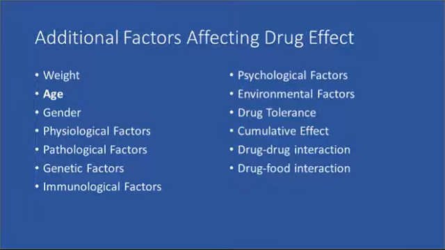Physiological factors such as their protein levels, their absorption, like what their gut, do they have dumping syndrome? Have they had surgery where they've had part of their stomach removed? That's going to affect absorption through the gut. Pathological factors, genetic factors, immunological, psychological, environmental, tolerances, accumulative effect, drug-drug interactions, drug-food interaction.